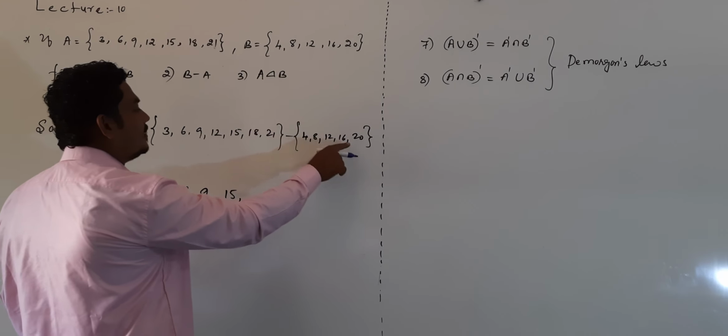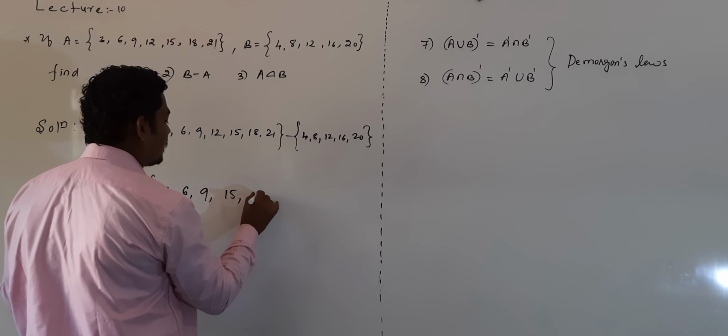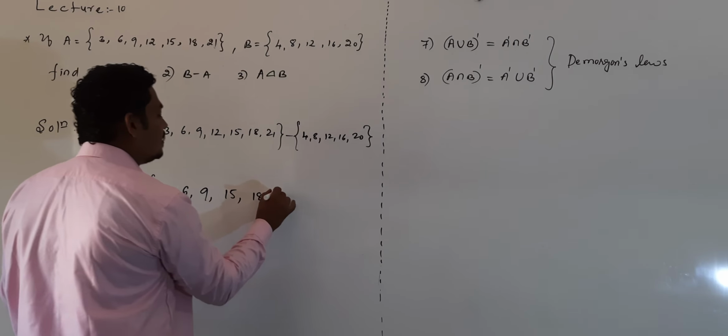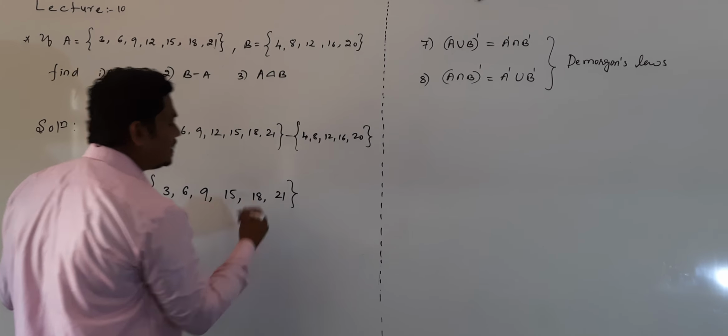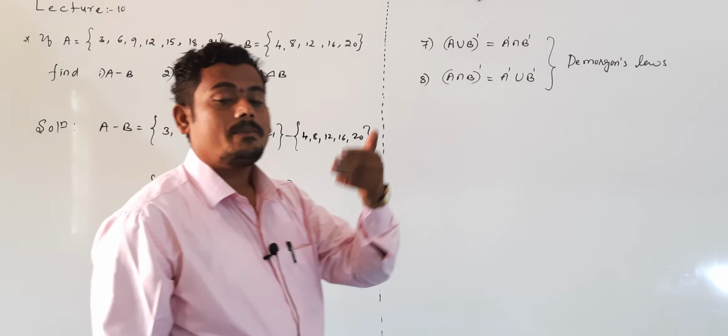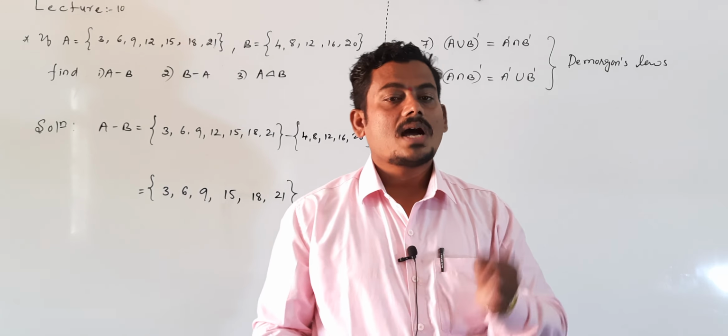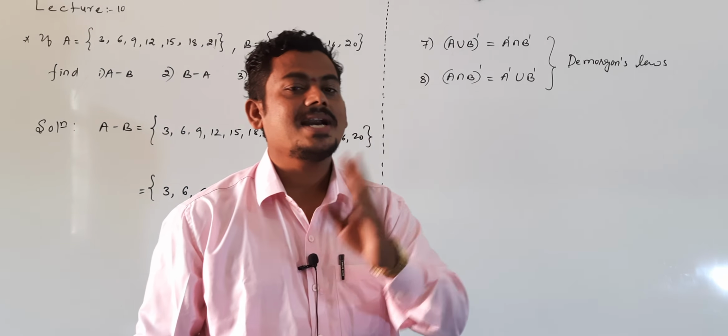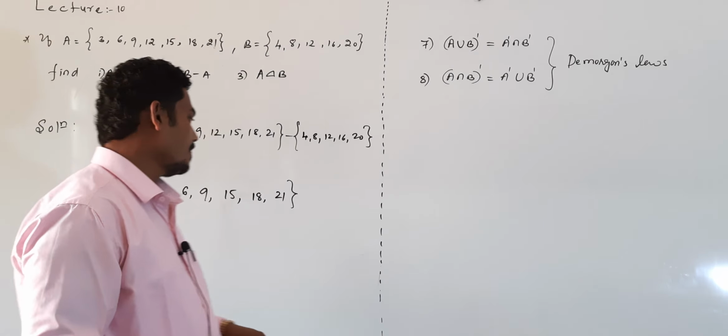Next 18 is not in the second set. 21 is not in the second set. A minus B means write all those elements in A but not in B.